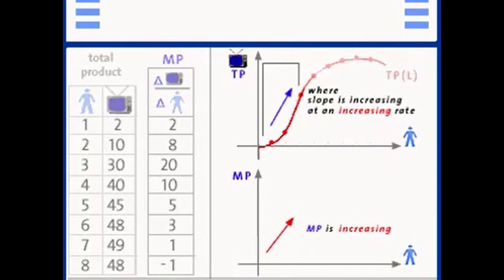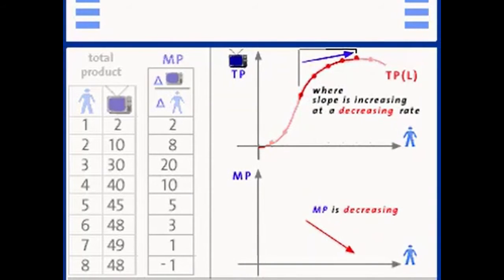This marginal product curve will be downward sloping. Finally, when the total product curve finally maxes out and heads south, that is, when extra workers actually decrease the total product of the operation, then the marginal product will itself be negative.